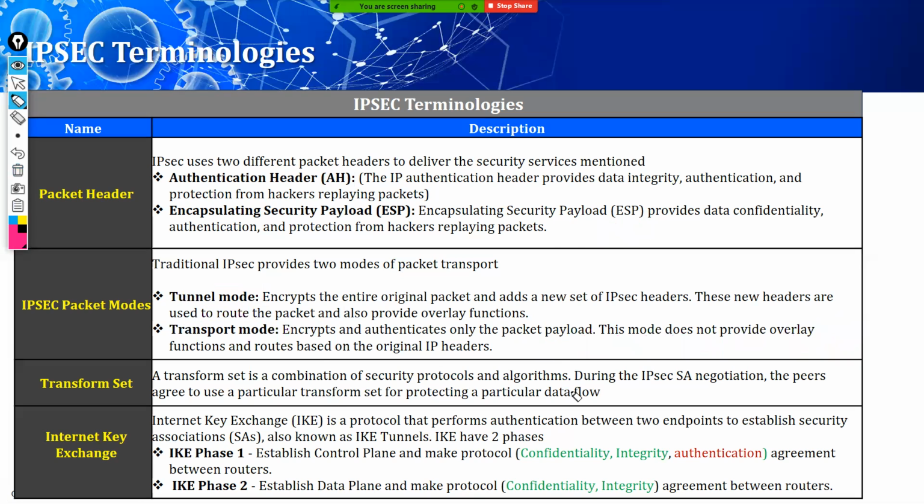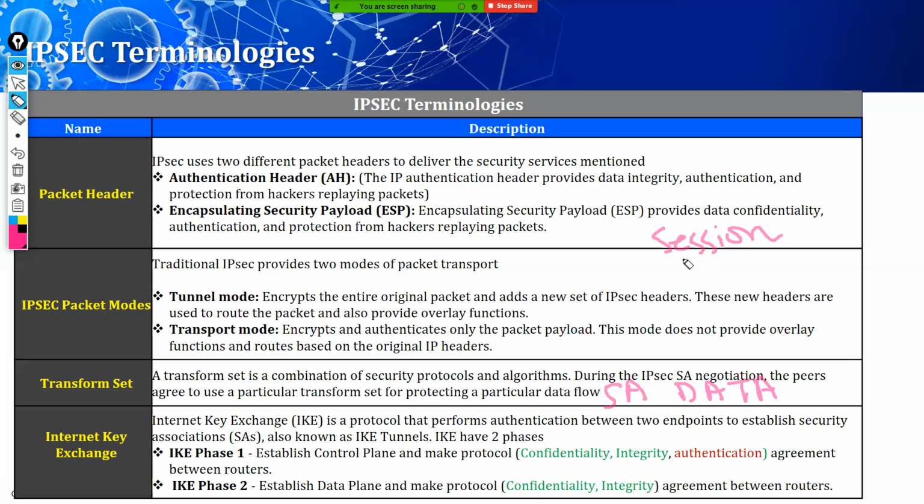Then the transform set is a combination of the security protocols, or security associations, that we will use for the data communication. There are some security protocols that we use for data communication, and some that we use during the session establishment.